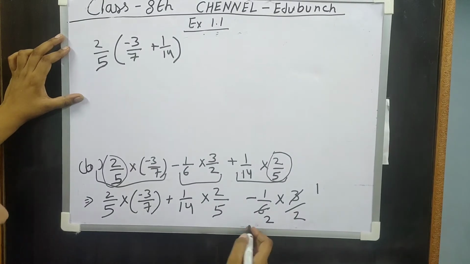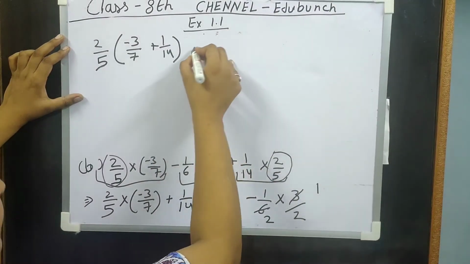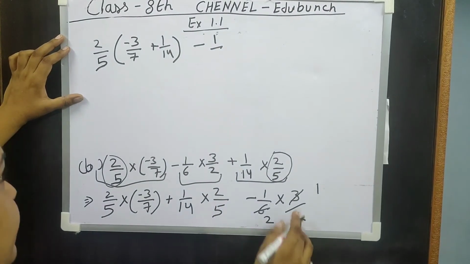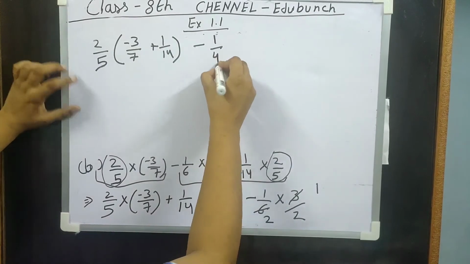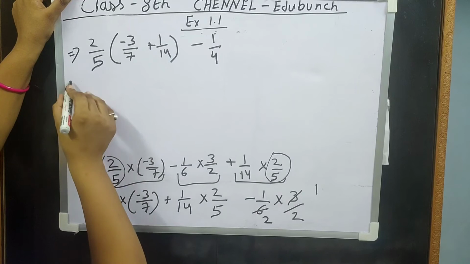And here what do we get? 1 multiply 1 means 1, and here 2 multiply 2 means it becomes 4.